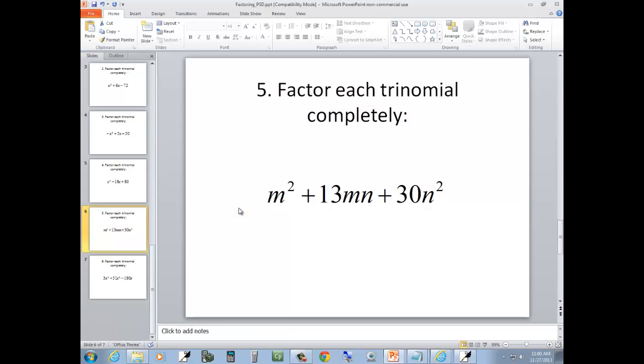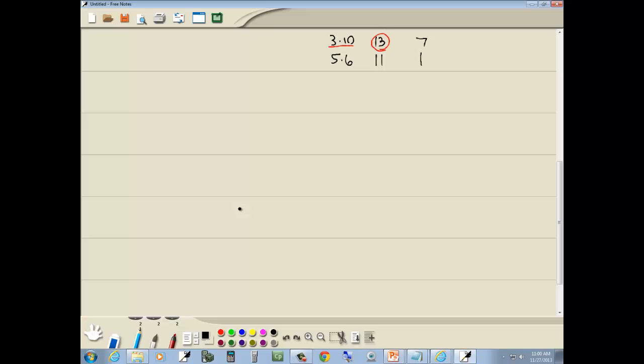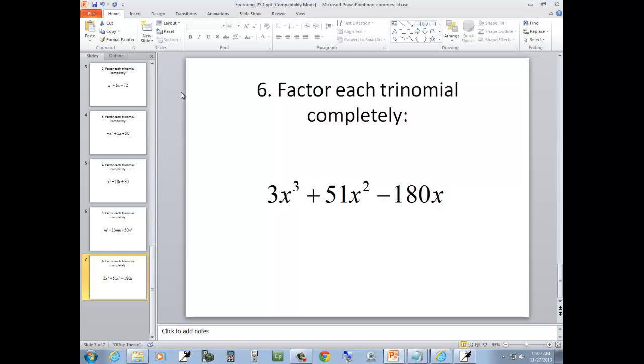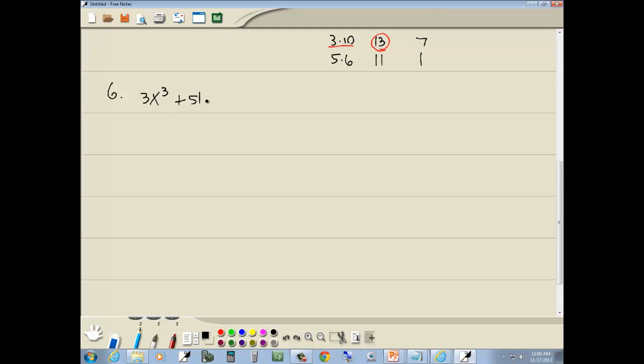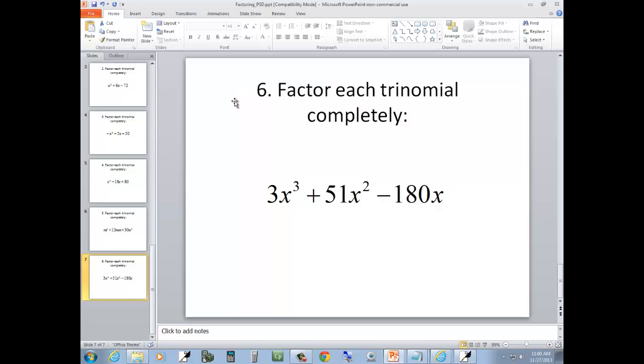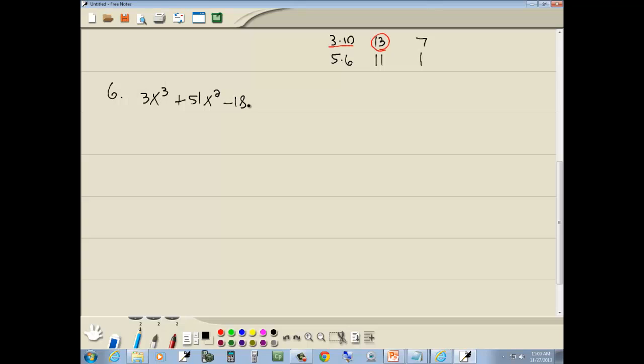Okay. Let's look at our last example. We got 3x to the third plus 51x squared minus 180x. Okay, now we want to factor out the GCF first.